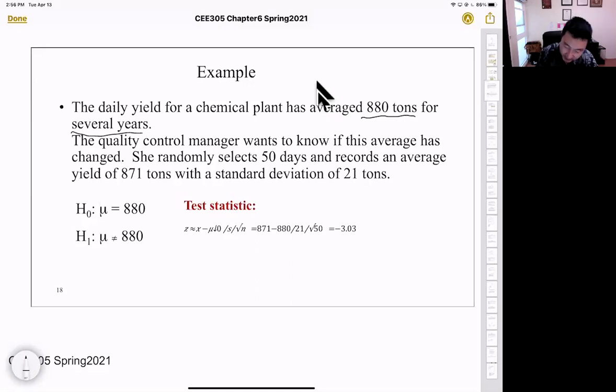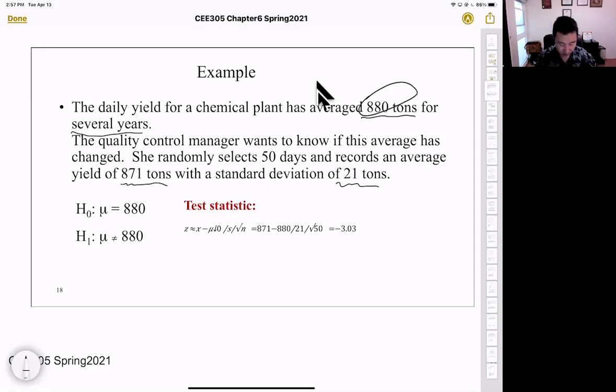So she takes a sample. She selects 50 days and records an average of 871 tons. The standard deviation is 21 tons. So the average is smaller than the old average, 880, but close enough.